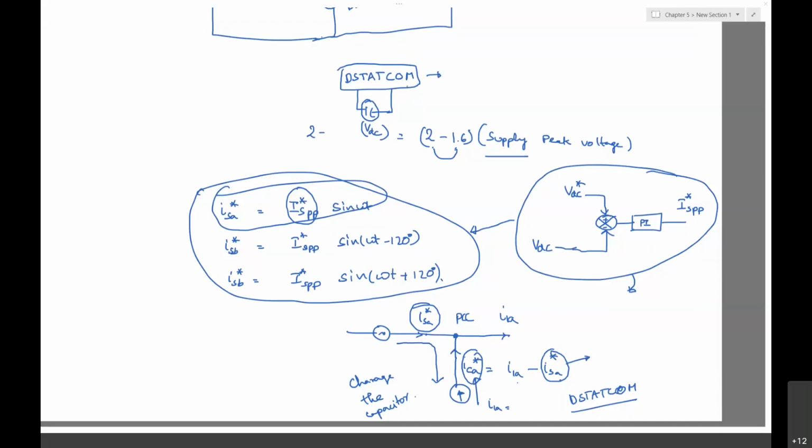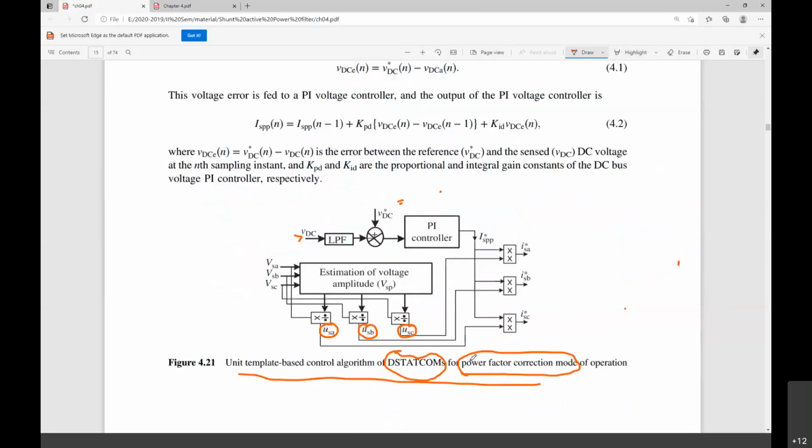With respect to the algorithm we have developed here, the source supplies only the active power required to maintain the DC link voltage, but not the active power to be delivered to the load.